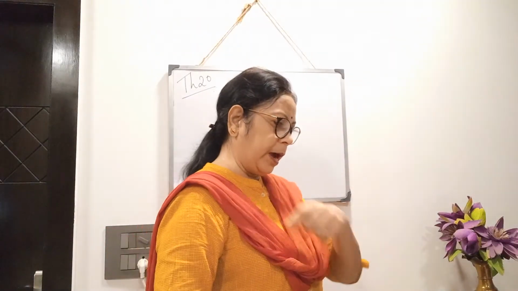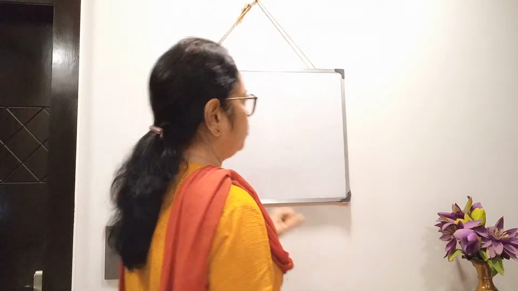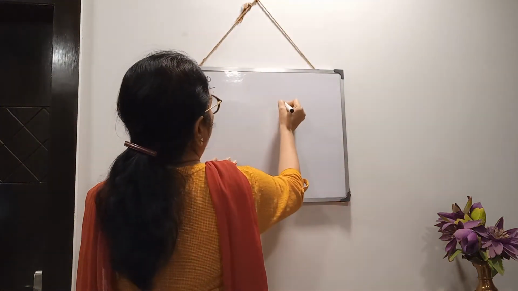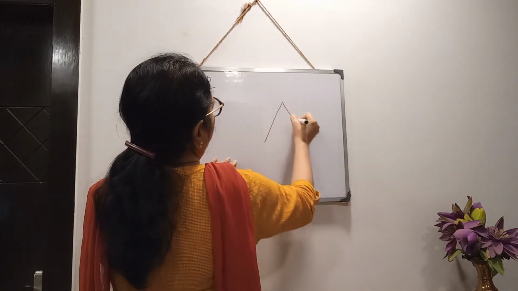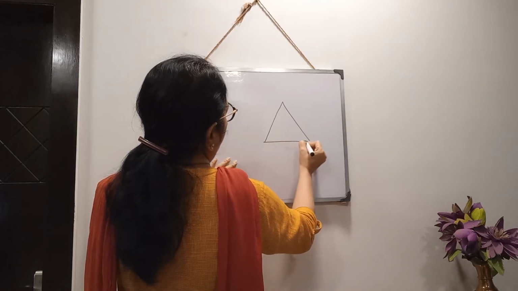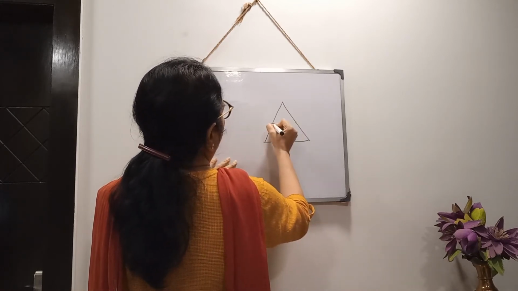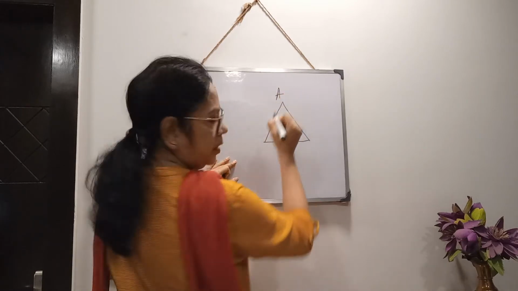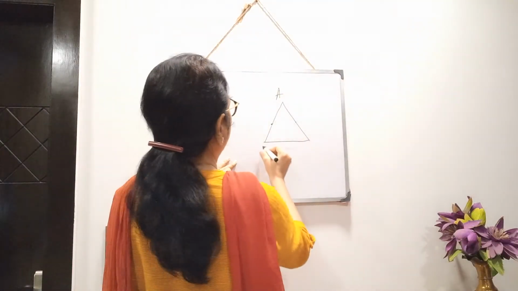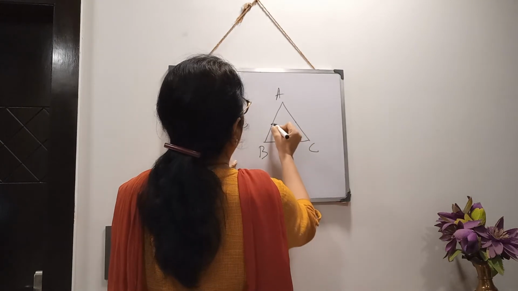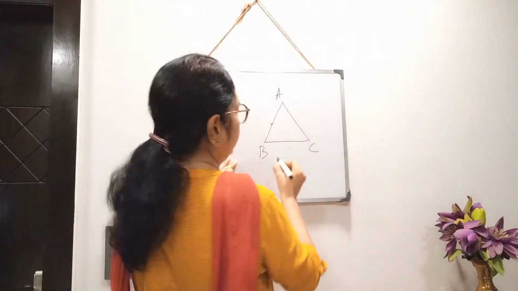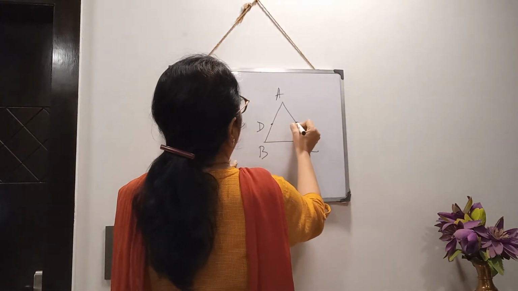What does the theorem say? The line segment joining the midpoints of two sides. First I am drawing a triangle. I am naming it A, B, C, and D, E are the midpoints.